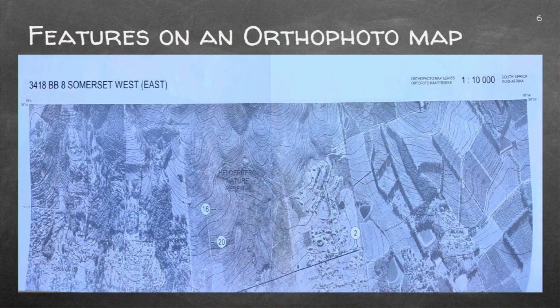It is important to also note that most of the orthophoto maps you will be working with are produced by the Directorate of the National Geospatial Information, and it is maps such as this, and we will consider the features on these maps in a bit.